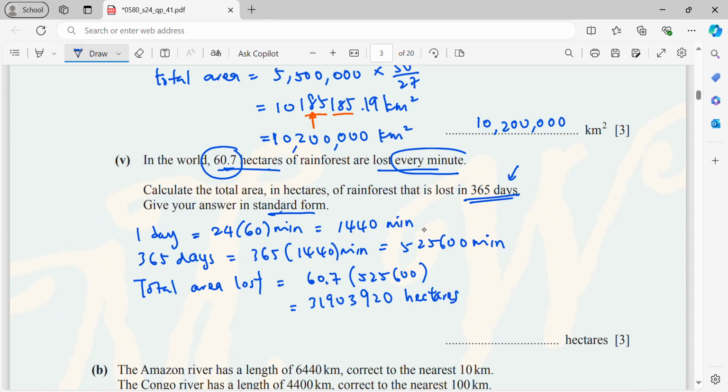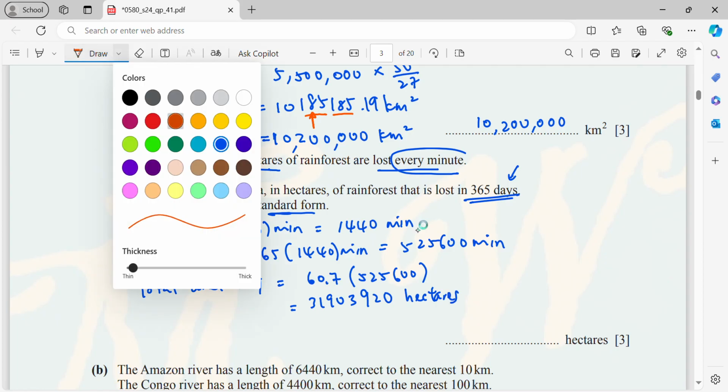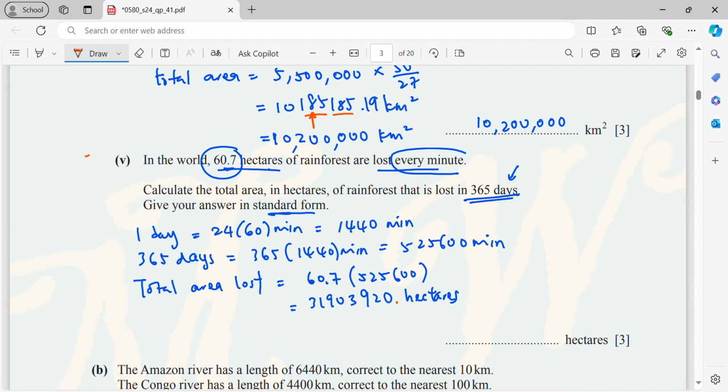But then it's mentioned standard form. Standard form means that your decimal place, you just move it backwards. Initially your dot is here. So 1, 2, 3, 4, 5, 6, 7. You move backwards for seven places.